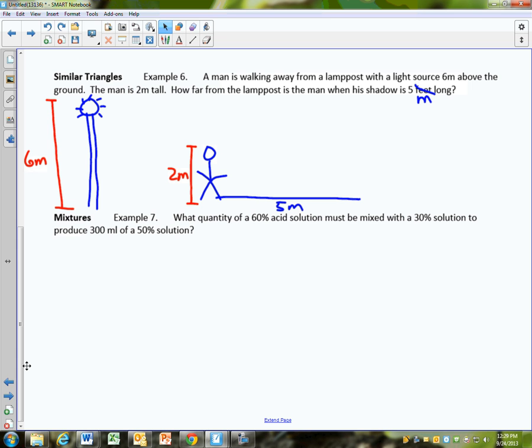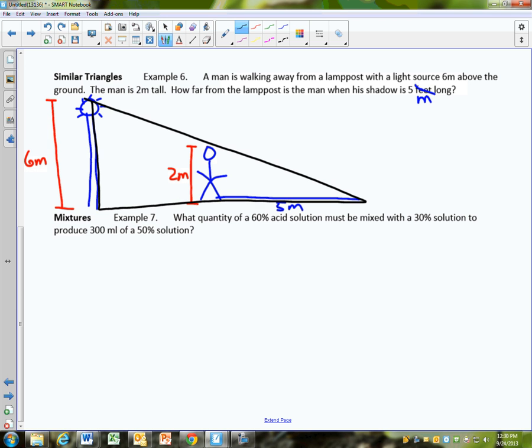And I heard Clarissa tell us that this makes a triangle. Everybody see the triangle? There's a big triangle. And we want to know how far he is from this spot right here, from this lamppost. We'll call that X. We're wondering what X is.